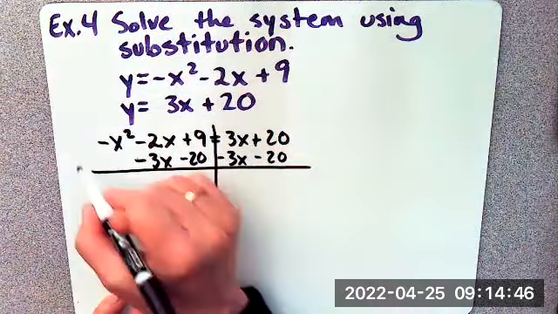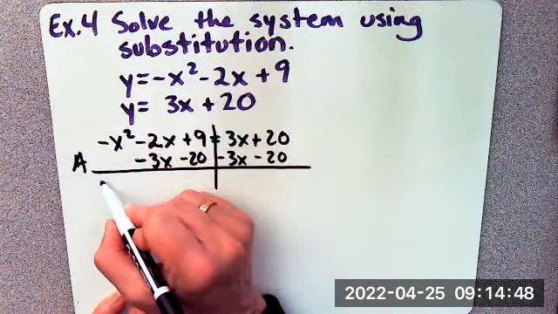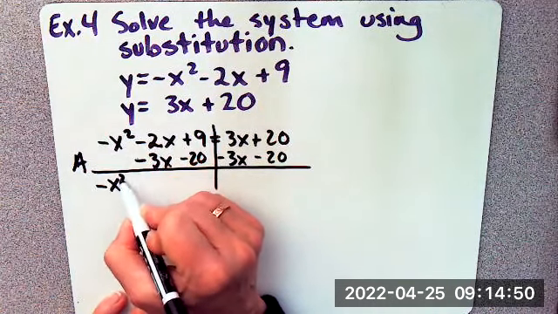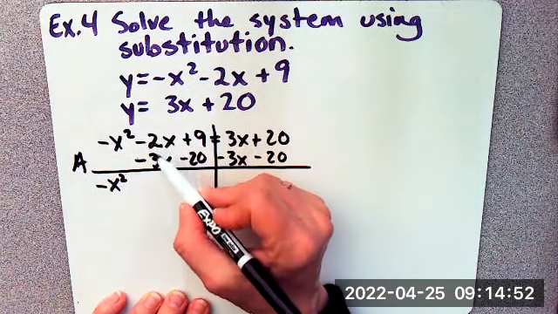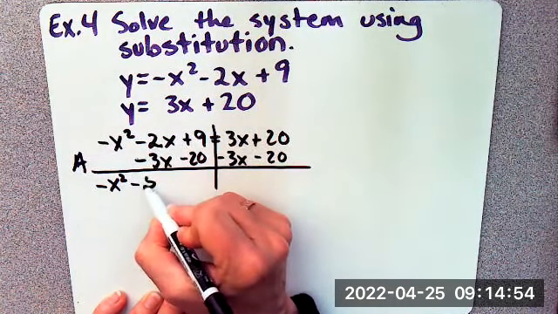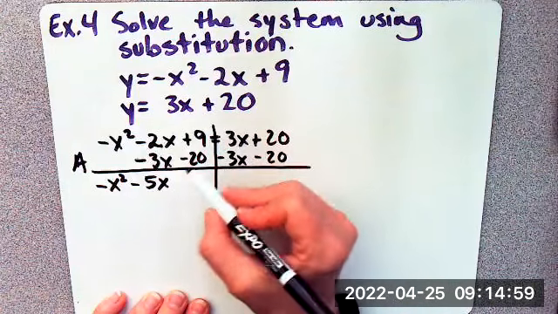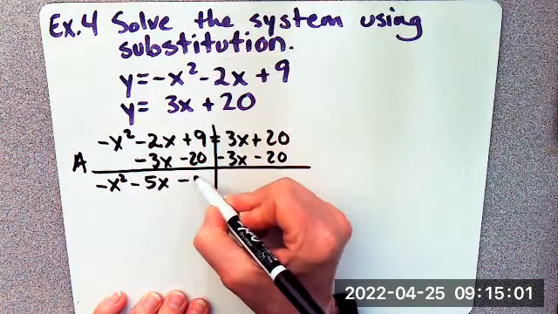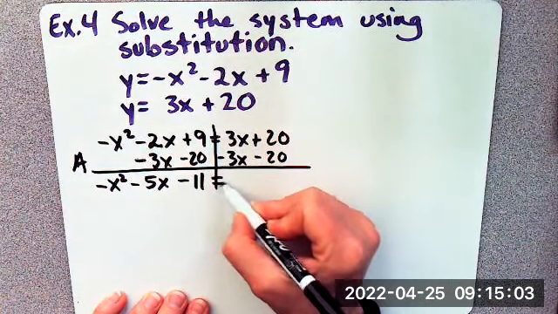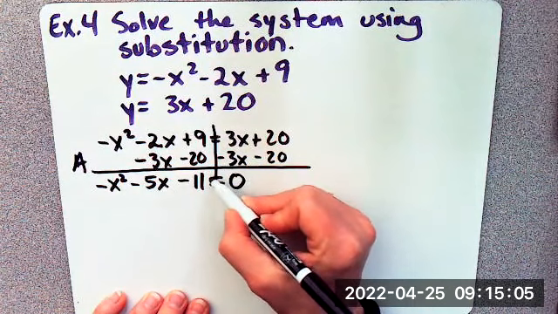So we're using additive inverses. So this gives us negative x squared. So negative 2 minus 3 is negative 5x. 9 plus negative 20 gives us negative 11 equals 0.